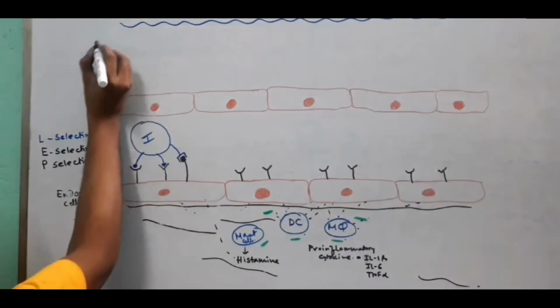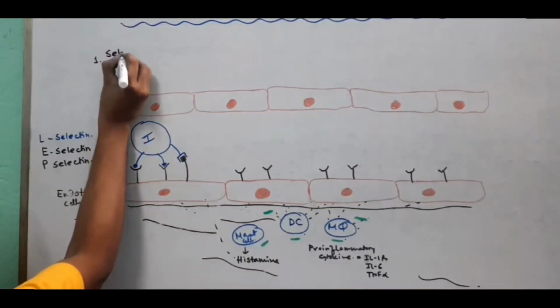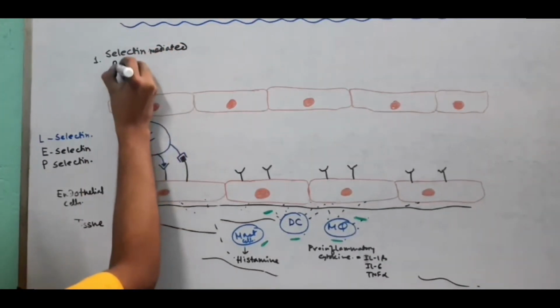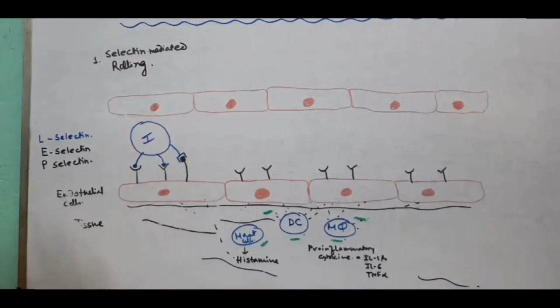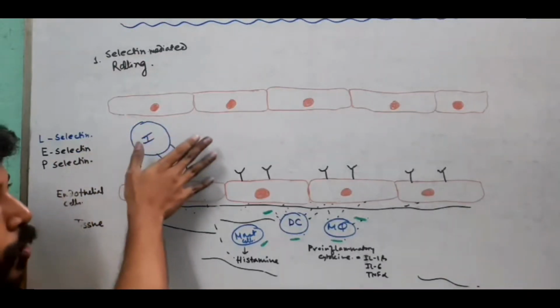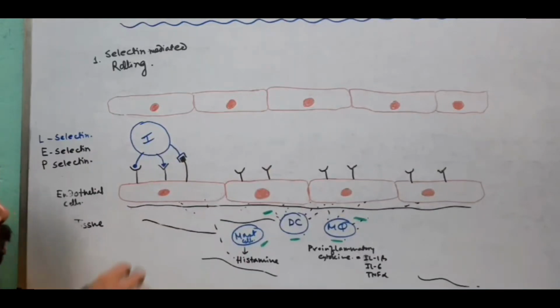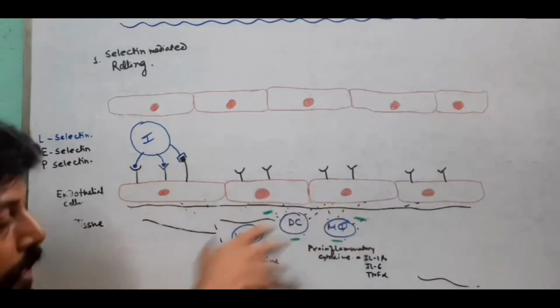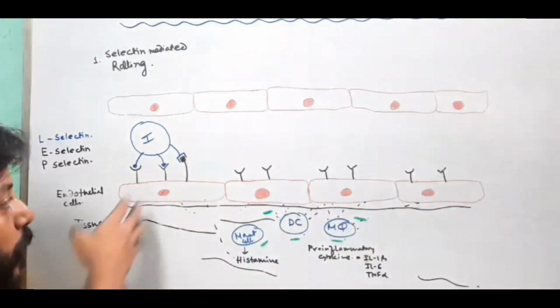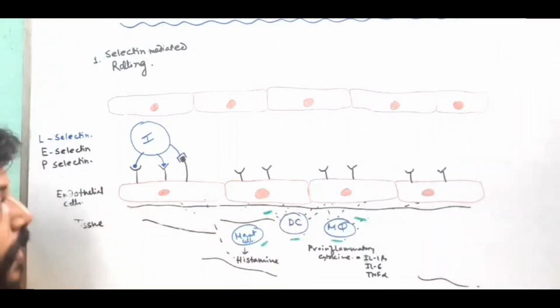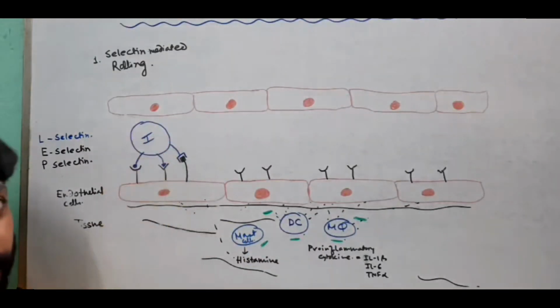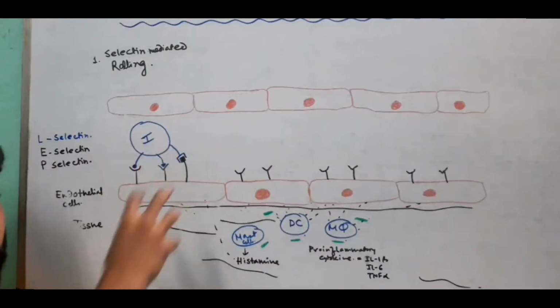The first step is selectin-mediated rolling. What is rolling? At first the immune cells flow through these blood vessels very fast, but now when these endothelial cells start to produce selectin, it can bind with the immune cells, so it slows down the immune cells.